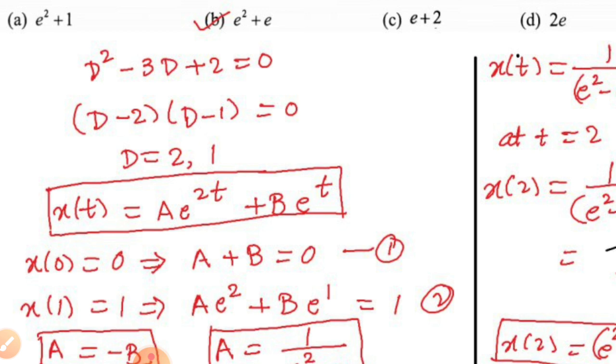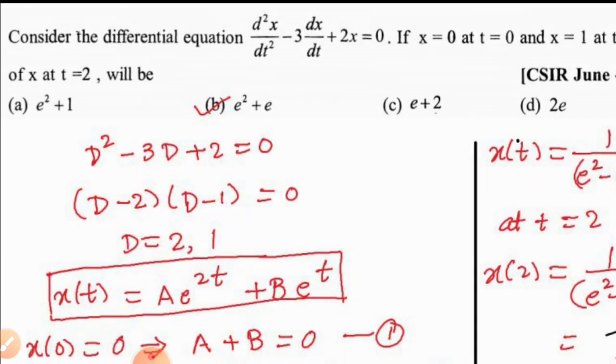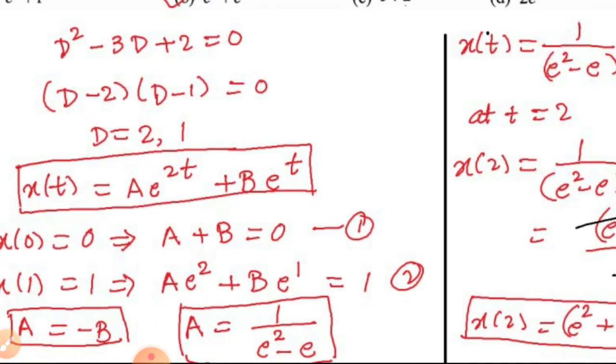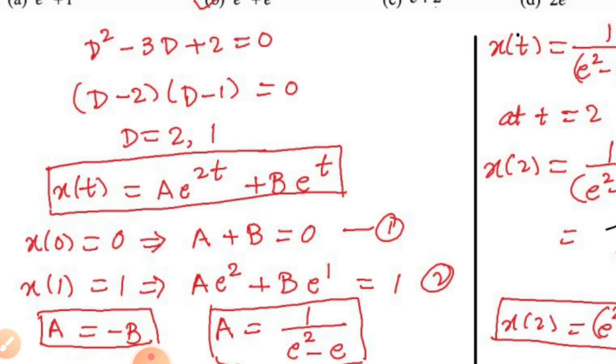Now if we put these conditions, that is at t equals 0, x is 0, and at t equals 1, x is 1, we will have a plus b equals 0, the first equation, and a e square plus b e equals 1, the second equation. From the first equation we can see that a is equal to minus b, and if we put this in the second equation, we will have that a will be 1 by e square minus e and b will be minus 1 by e square minus e.